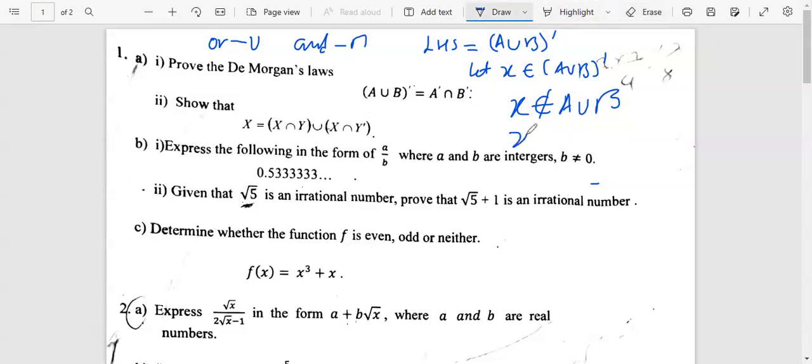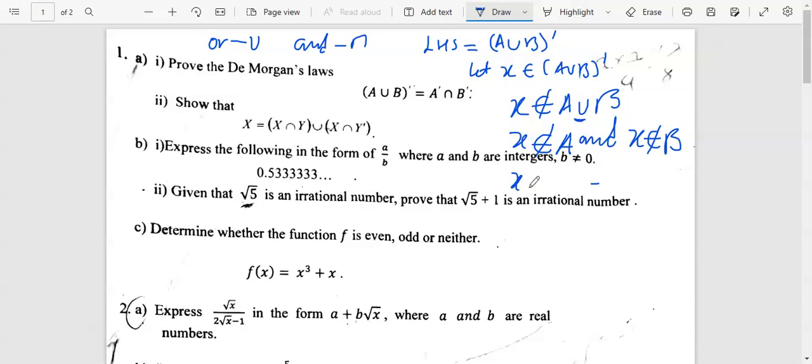So we are saying x is not a member of A, and we are now splitting this to and x is not a member of B. Remember I said x being a member of A and x being a member of B, union is supposed to mean what? "Or". So the word I was supposed to use here is "or", but because we have got not a member, we are going to use "and".